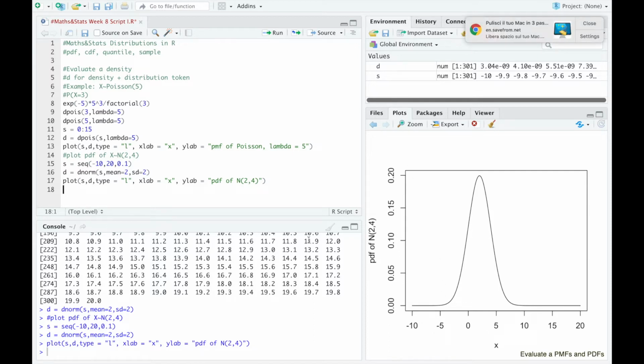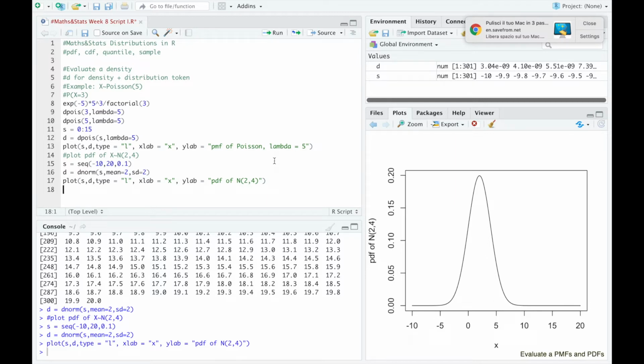Okay, so for plotting curves, points, and whatever, there are very powerful graphical packages in R. This is not the most powerful package, it's the most basic one, but you can do basically everything with it. Maybe you won't get very fancy graphs.